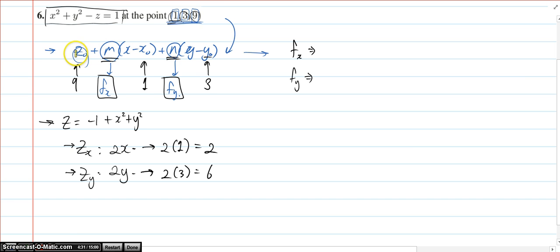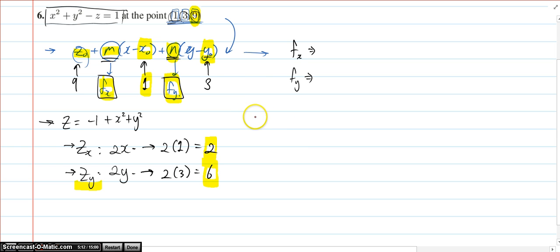So now we have z0, which is 9 right here. We have m, which is fx, which we just got, that is 2. We know x0, which is 1. We know n, which is fy or zy, that equals 6, and we know y0, which is 3. So we have obtained all the information that we need to make an equation that is tangent to this graph at the point 1, 3, 9.